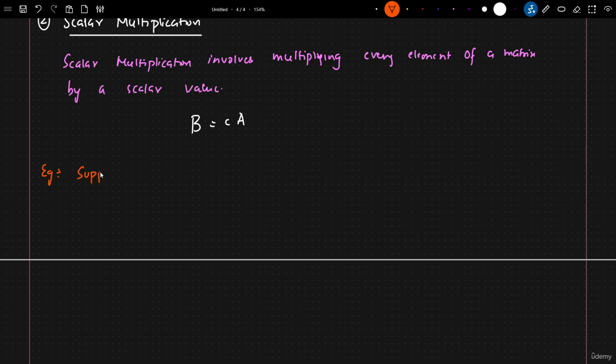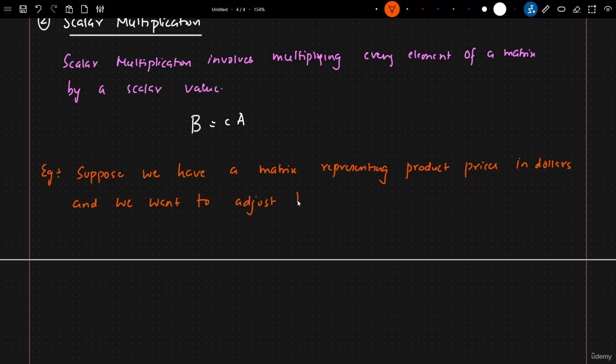Suppose we have a matrix representing product prices, okay, in dollars, and we want to adjust these prices for inflation by a factor of 1.05.